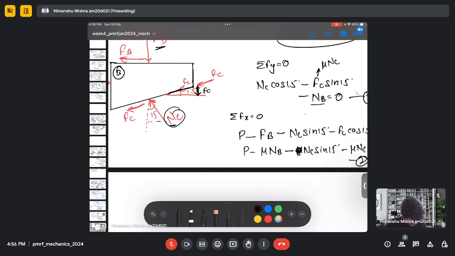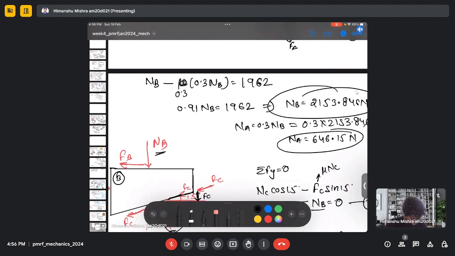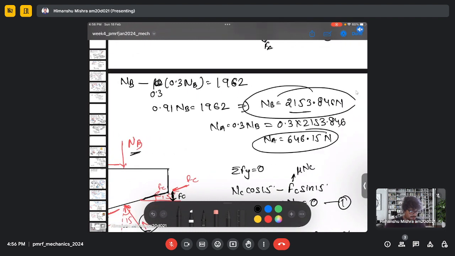So from equation 1 we have NC cos 15 minus mu NC sine 15 equals NB, and we found NB as 2153.846.